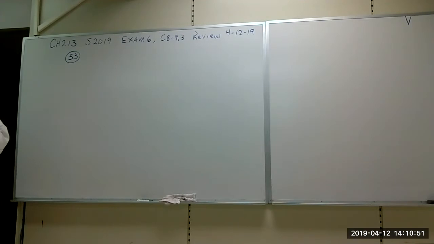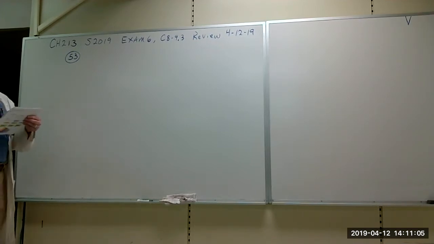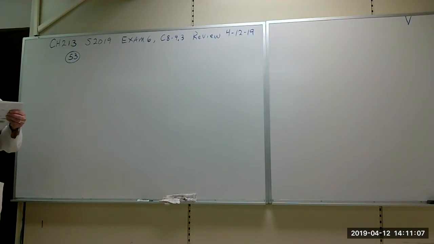So 53 says, in spite of the large electronegativity differences between bonded atoms in beryllium chloride. Yeah, that would be true. Beryllium's over there, chlorine's over here. Beryllium chloride has no dipole, while sulfur dichloride does have a dipole. What's the explanation?